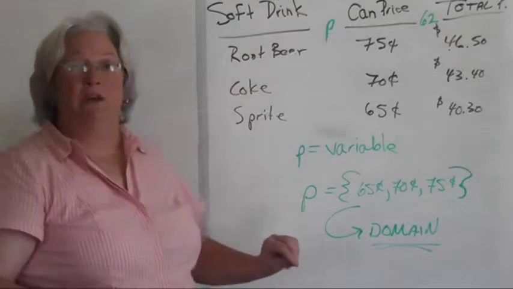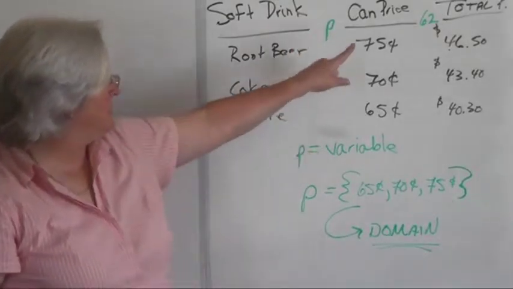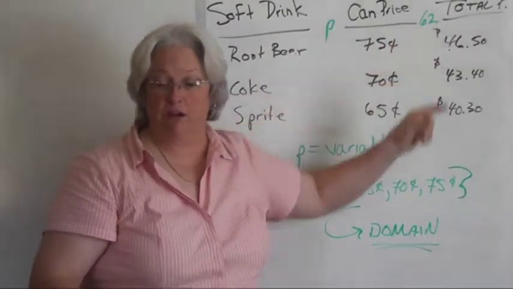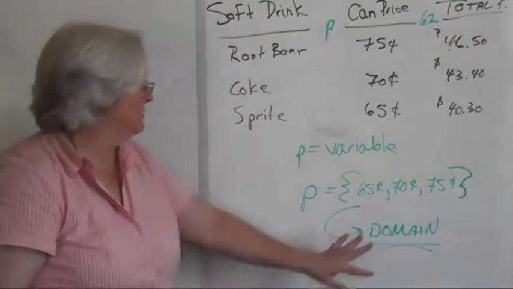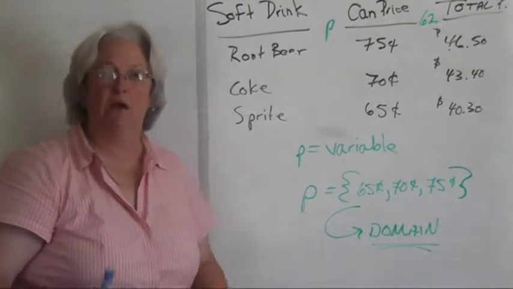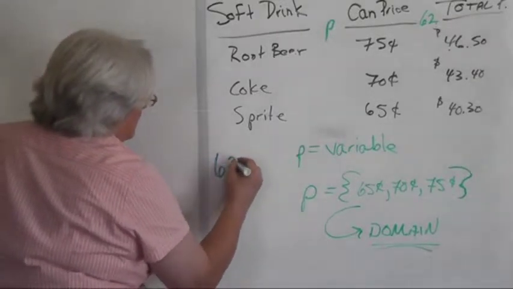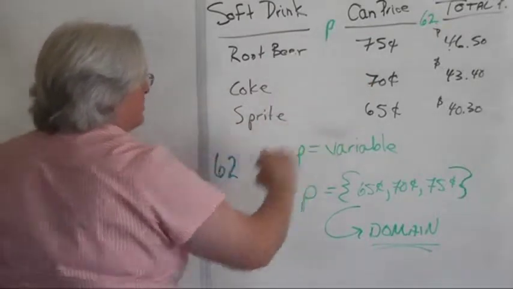The way that you figure the price, obviously, is you take the total number of cans of soft drink that you're going to have, and you notice it's 62. It doesn't change. It's not 62, 70, 93. It's always and only 62. And you multiply that 62 times the can price.